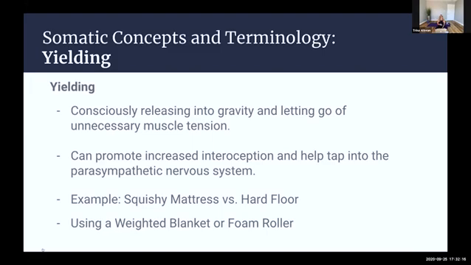But for most of us, it's easier to yield and soften into a squishy mattress. And so I do think that when folks do a somatic sequence and are able to soften and yield into a hard floor, it really yields a lot of aha moments.